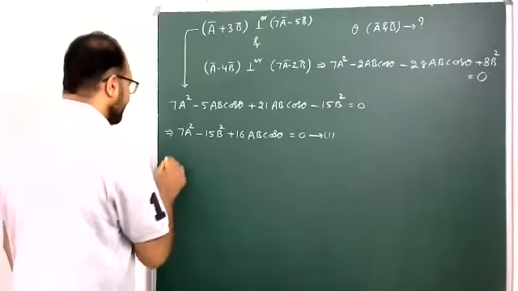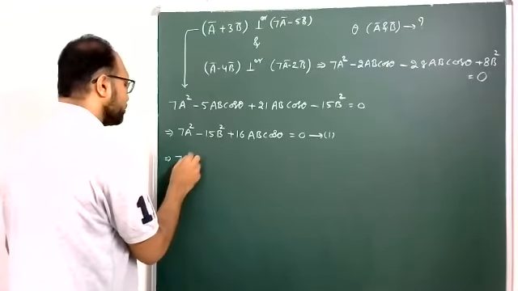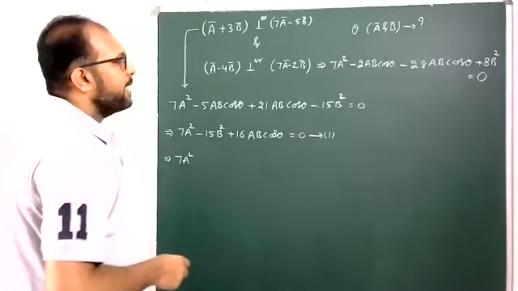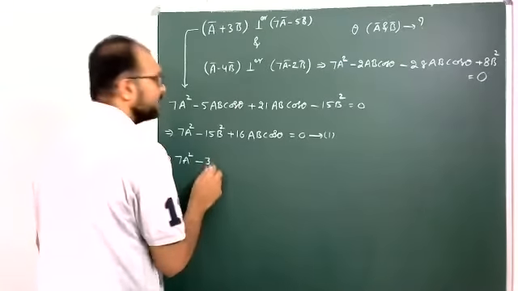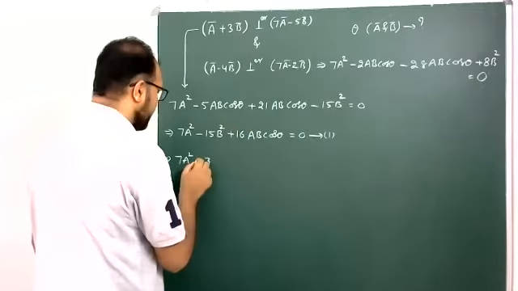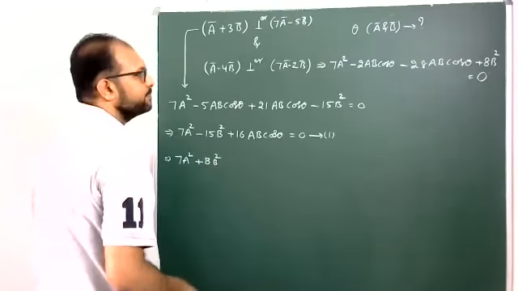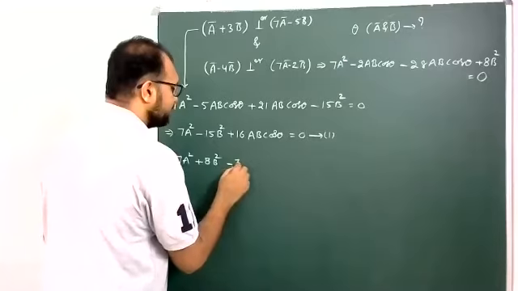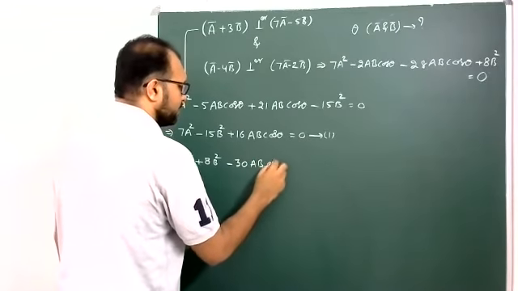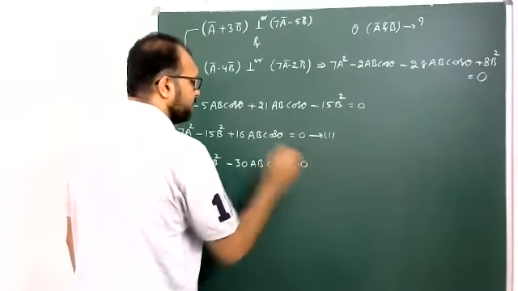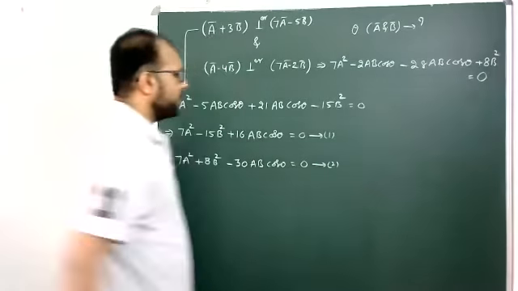So here I am writing, second equation: 7A square, minus 2 minus 28, minus 30 AB cos theta, plus 8B square equal to 0. This is equation number 2.